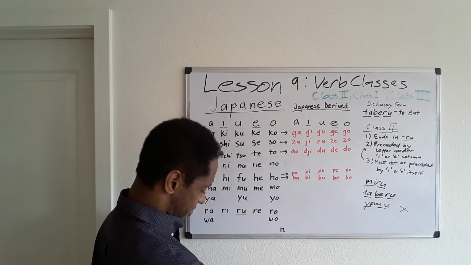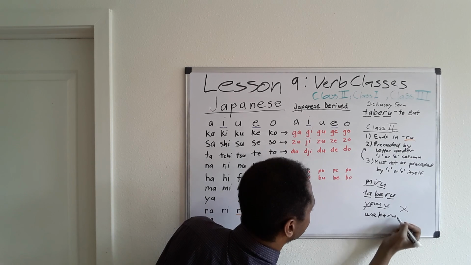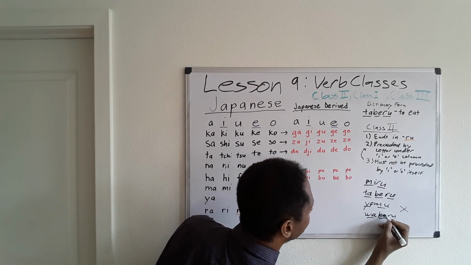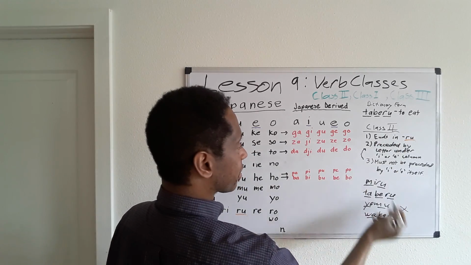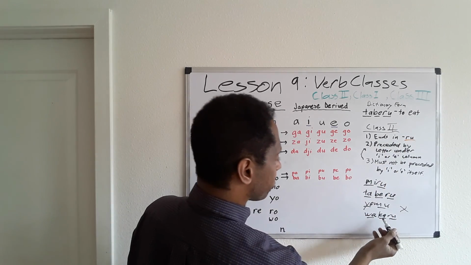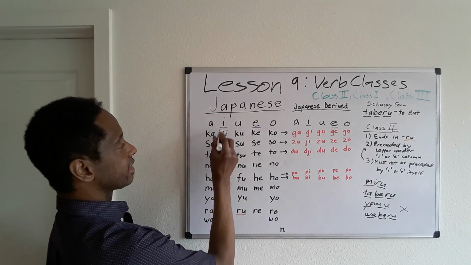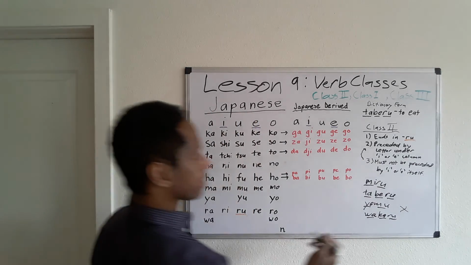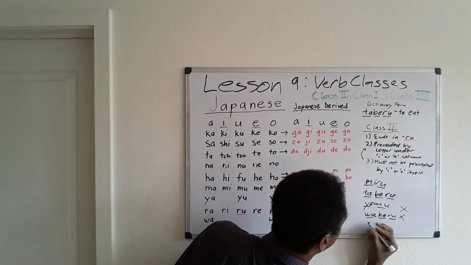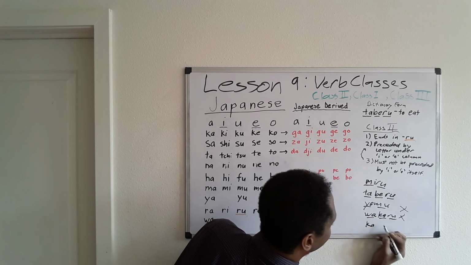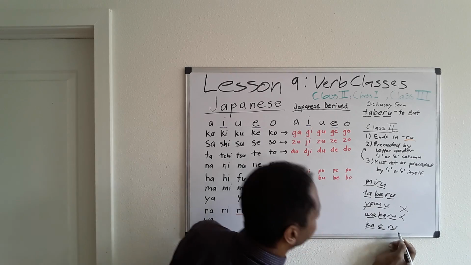Next, wakaru. Waka. That's a ka. Ru. It ends in ru, so it satisfies 1, but it's preceded by ka. Right here. That's not under the I or E column. So wakaru is out. And kaeru.